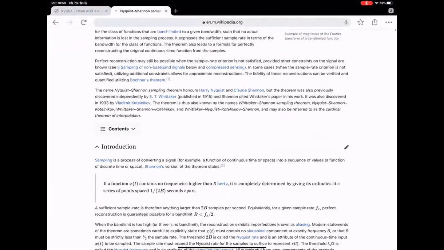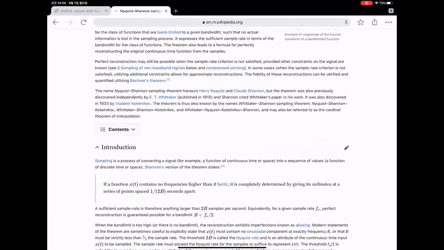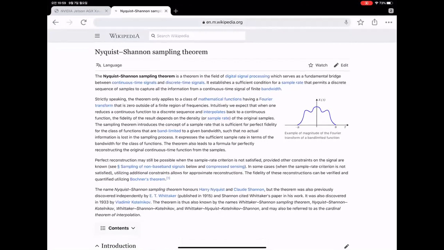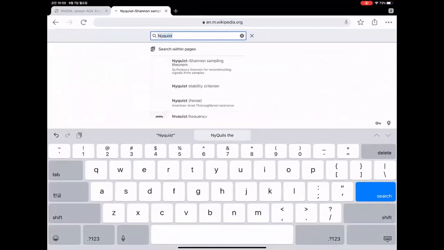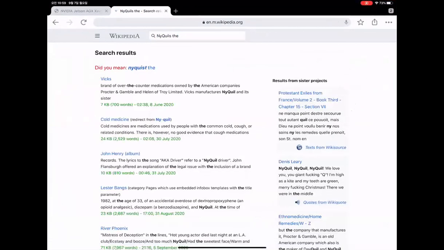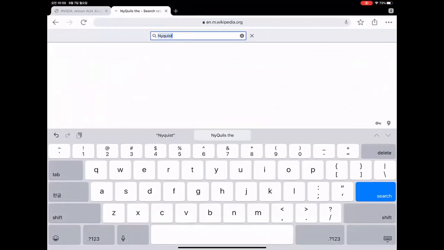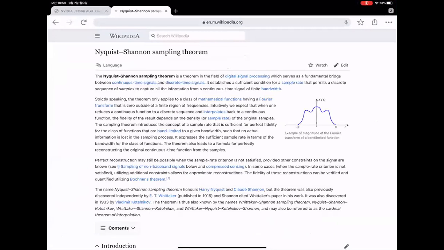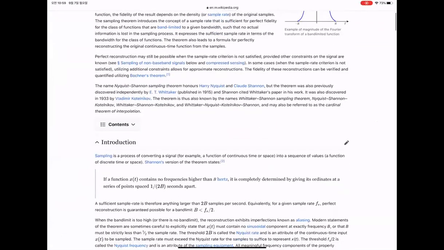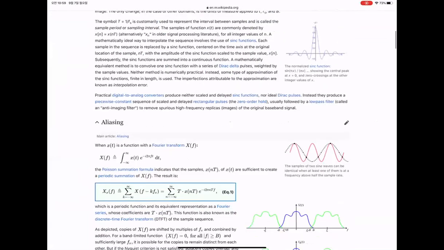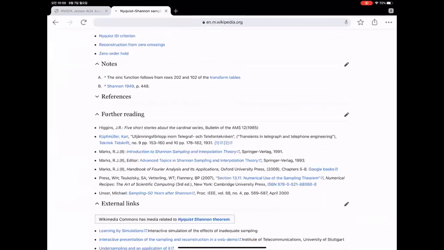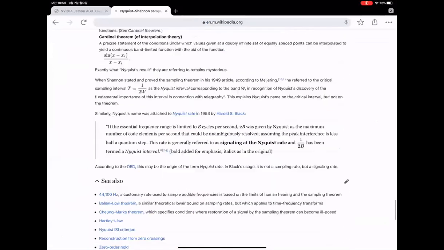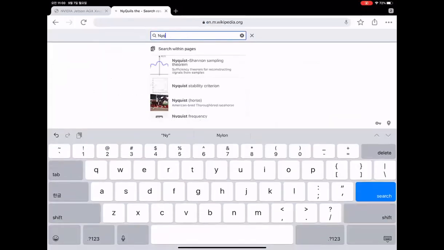So 1915. Here is the character of 1915. How about Shannon, 1915? And what's Nyquist? The life of Shannon is 1945. How about Nyquist?